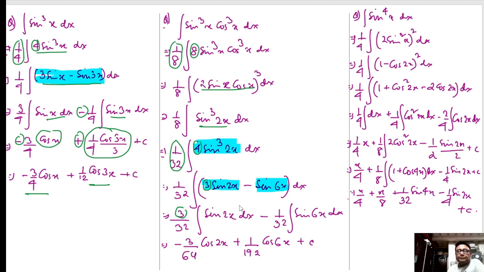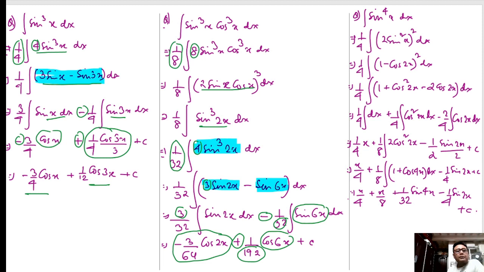And this becomes, integration of sine 2x is minus cos 2x by 2, and sine 6x is minus cos 6x by 6. So minus will become plus. 32 into 6 is 192. So this is how we do the sum.